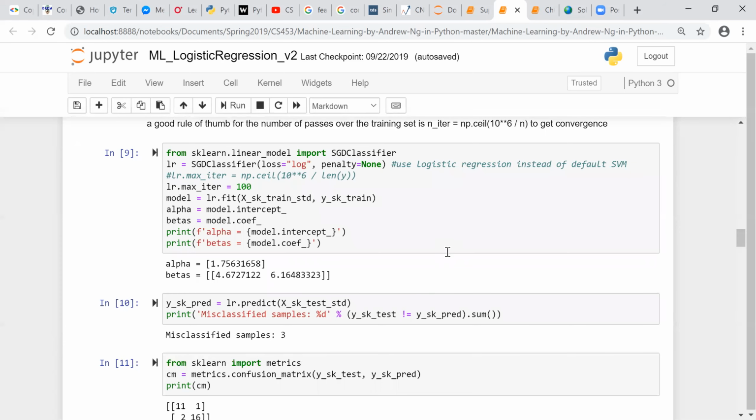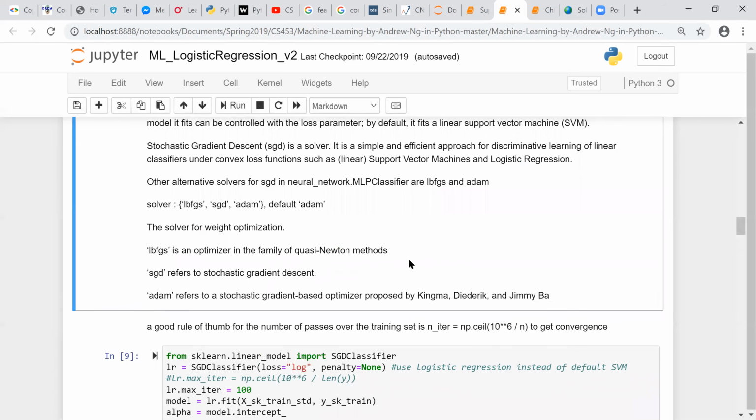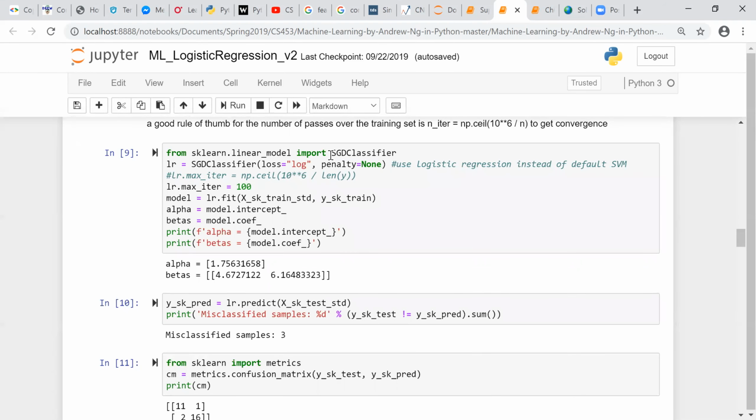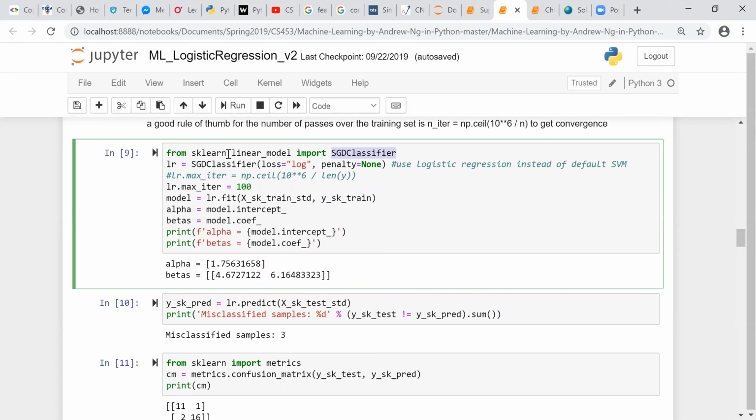If you don't specify, by default it uses SVM. Here we use stochastic gradient descent, so it belongs to the linear model. Then you specify here that I want to do logistic regression instead of the default SVM.